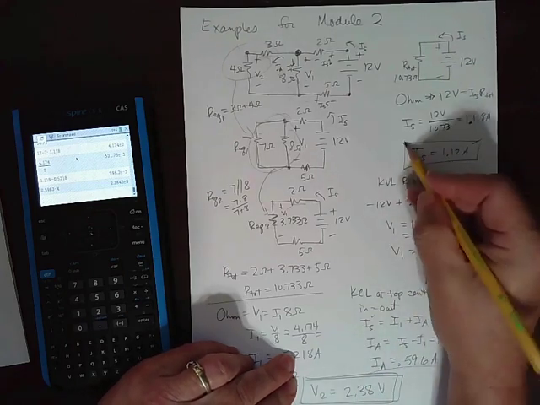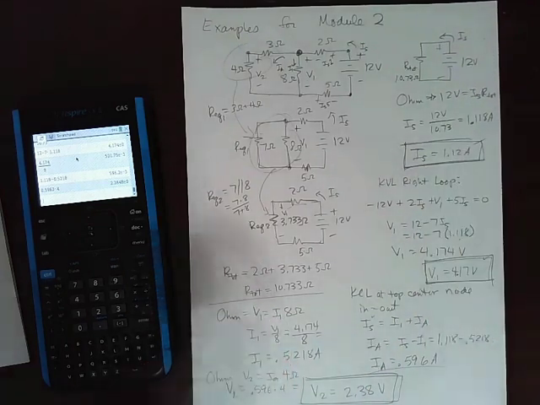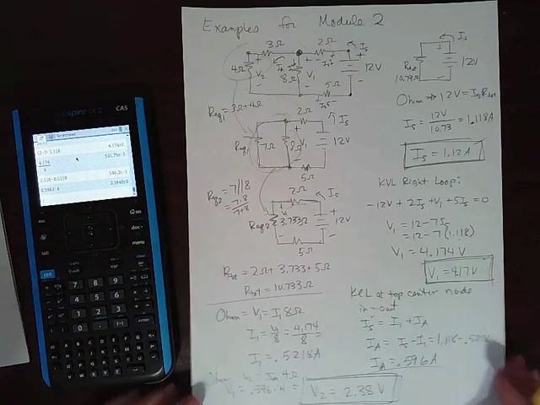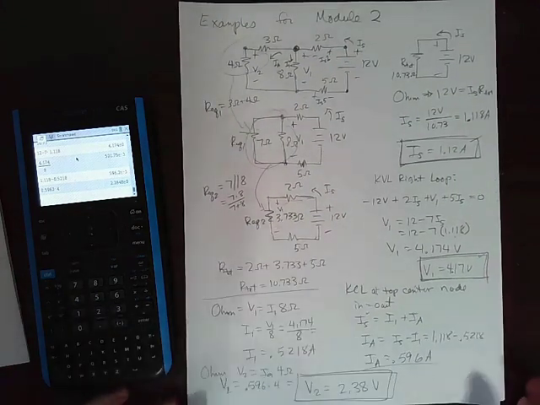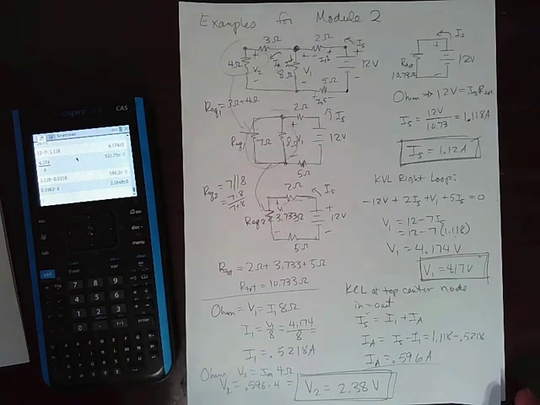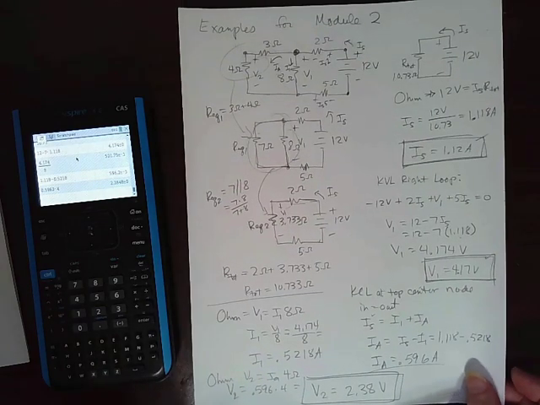All right, so we got our 3 variables we were asked for. So this is just kind of the ad hoc brute force, do what you can do method for solving a circuit.